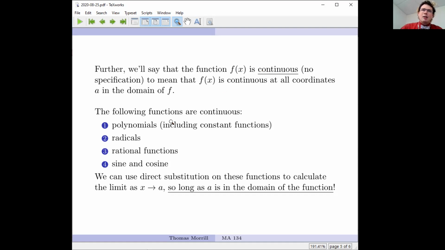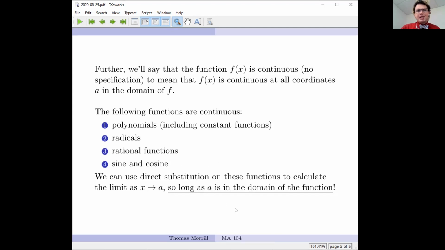So we actually have seen a lot of continuous functions. The polynomials, the radicals, the rational functions, the sine and the cosine, these are all continuous functions. And they all let us perform substitution to calculate limits, again, as long as we are inside the domain of that function.